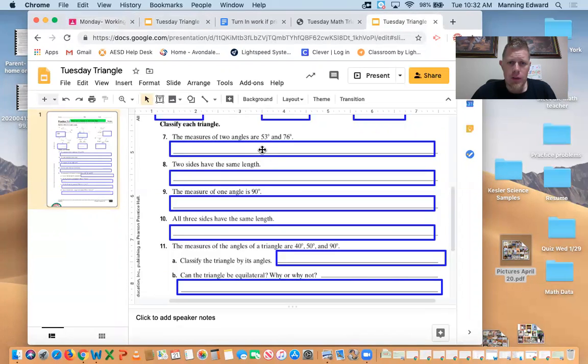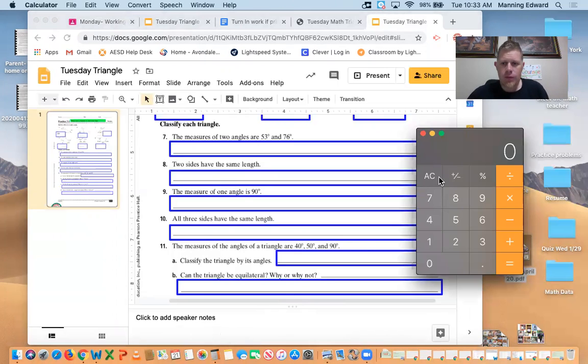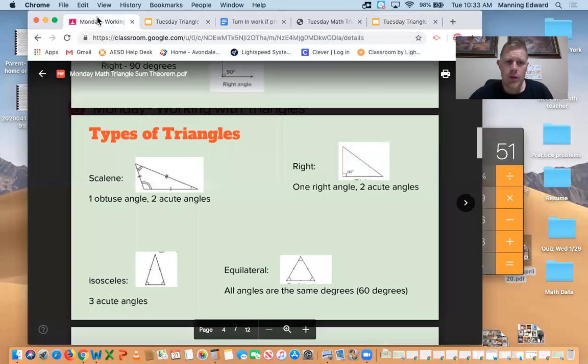Well, you have to find out what those two are. 53, 180 minus 51. Okay. So it looks like all of them are different.